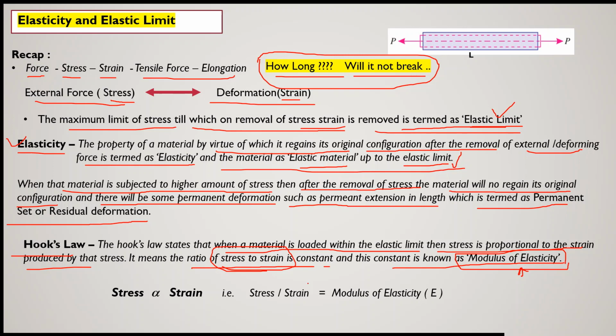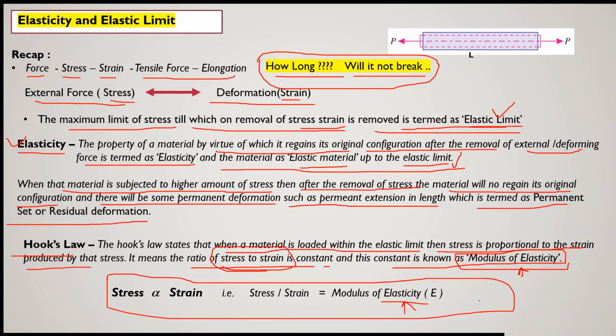That constant is known as the modulus of elasticity. Again, we are focusing on the term elasticity because this relation is valid within the elastic limit. Beyond the elastic limit, this will not be valid. So go through all the details minutely and come up with your queries.